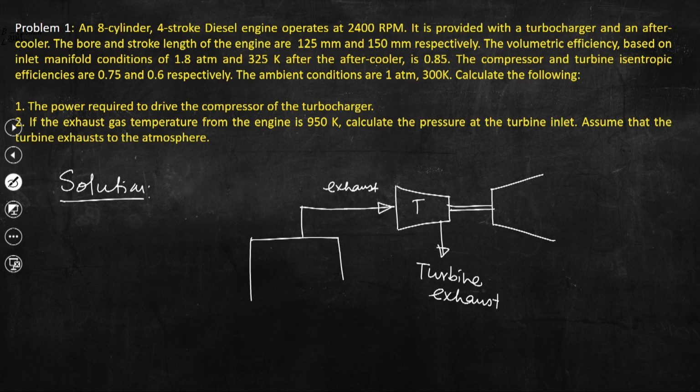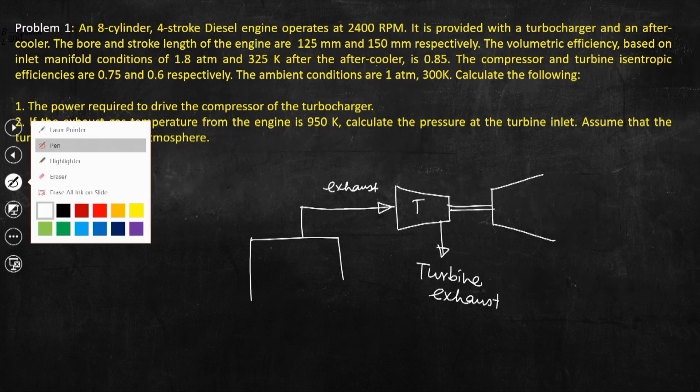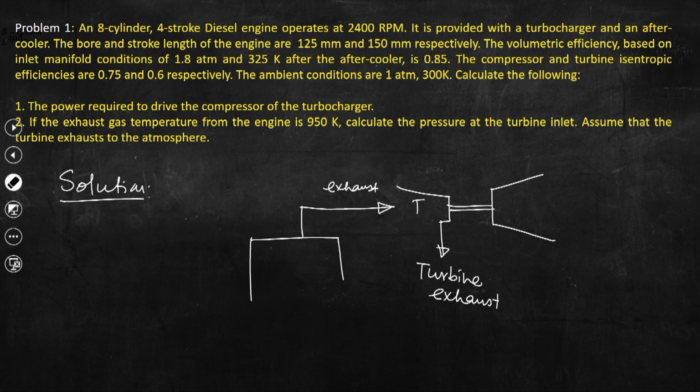So, typically I should draw this correctly. Typically turbine and compressors are schematically shown like this. In the turbine gases expand, while in the compressor gases are compressed.